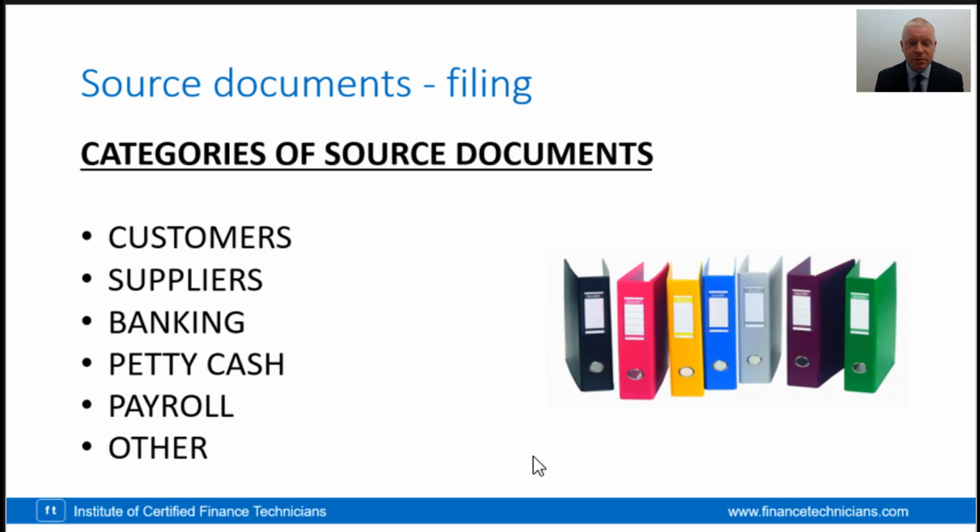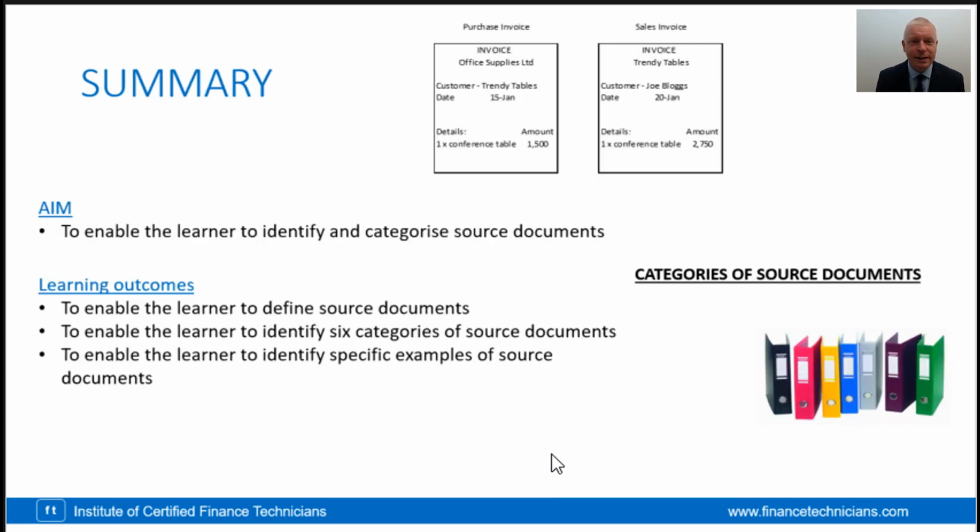So just to summarize, before we come to the end of this particular lecture, is to consider the following. We looked at source documents, and these are these type of documents up here. There's an example of the purchase invoice and the sales invoice we looked at earlier on. And our aim was to enable the learner to identify and categorize each source document. So we talked about the categories of source documents, and you should be able to clearly identify what they are.